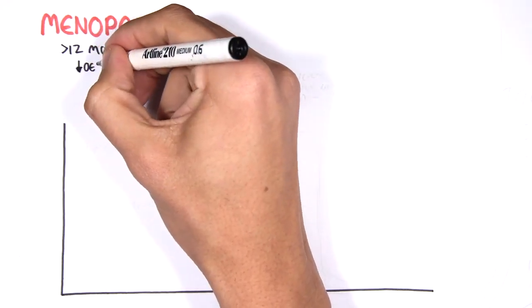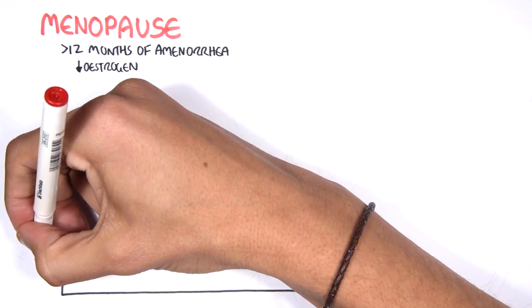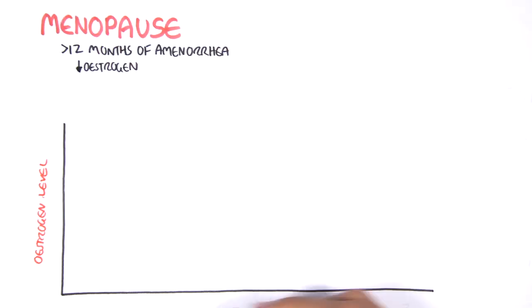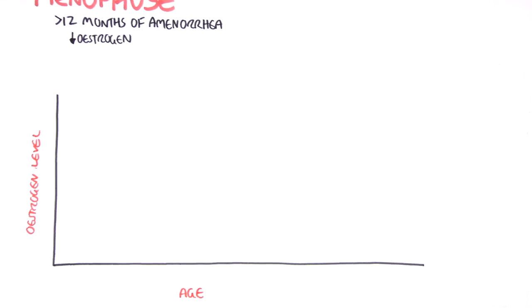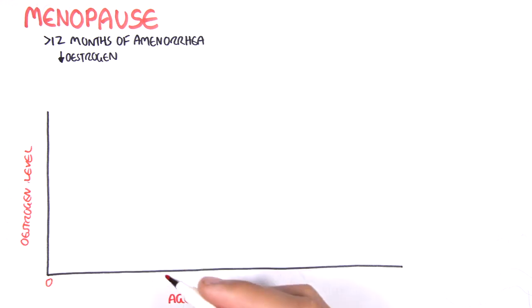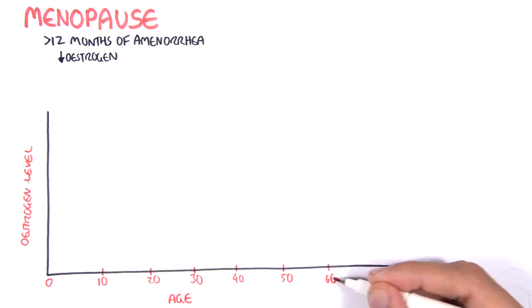I think it is important to look at the changes of estrogen levels throughout the female life cycle to see how menopause occurs. So here I'm drawing a graph, the estrogen concentration on the y-axis and age on the x-axis. So 10 years, 20, 30, 40, 50, 60 years.